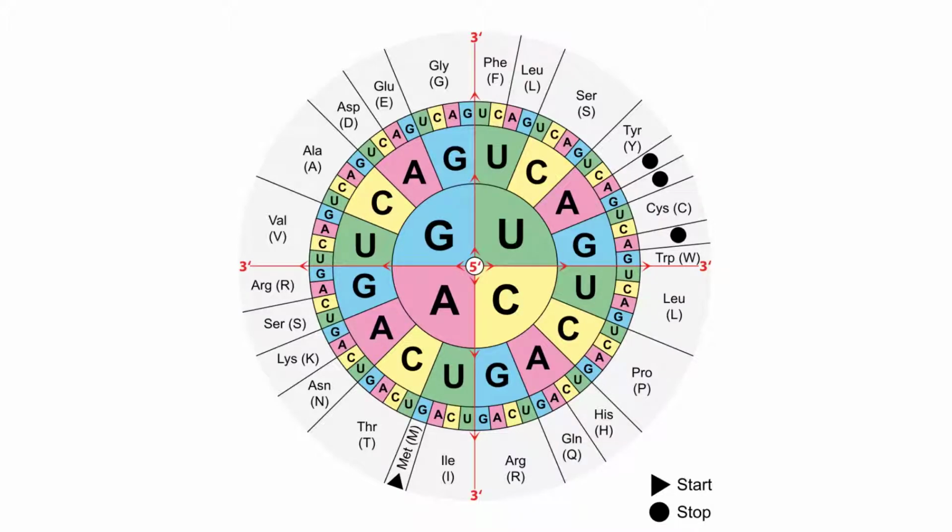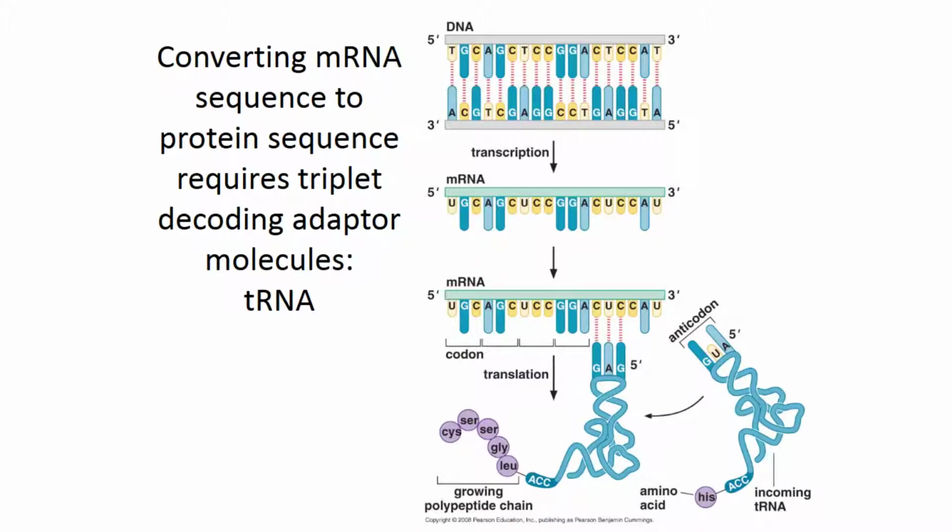Okay. So converting mRNA. Next slide. Converting our mRNA is done in the ribosome, where transfer RNA brings the next amino acids via the triplet decoding adapter, and it's a chain reaction, so to speak.